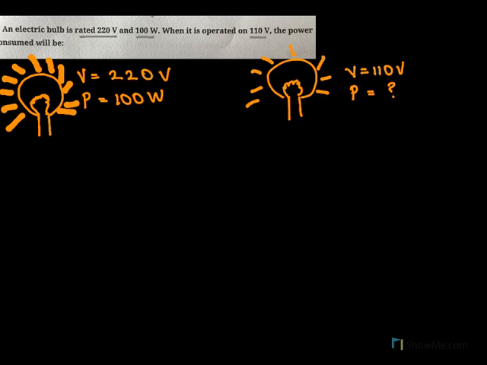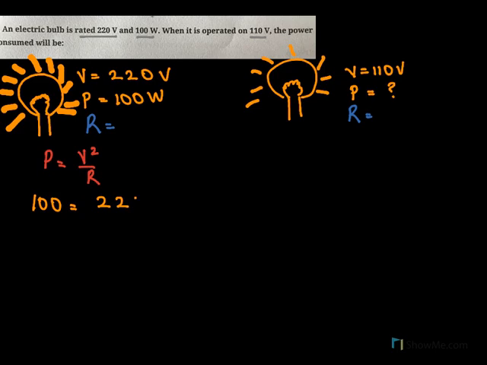Now when voltage changes, the power also changes. But one thing remains same for the bulb. It's the same bulb, so the resistance in the first case and the resistance in the second case will remain the same. So in the first case, let us find the resistance. We use the formula power equal to V square over R. We know the power is 100 watts.